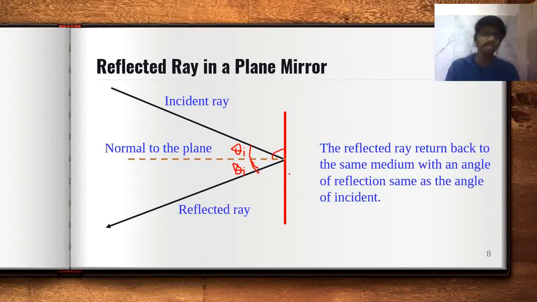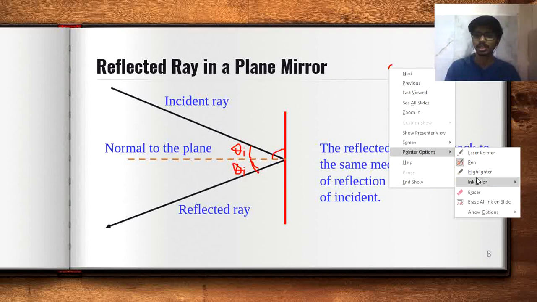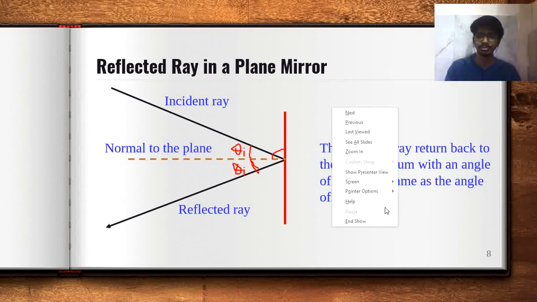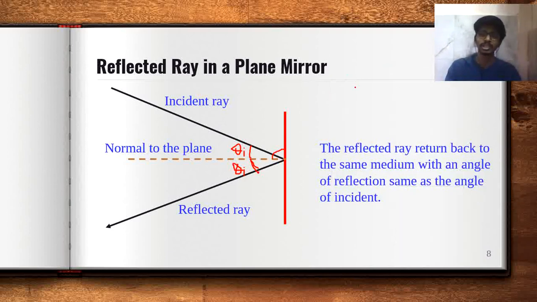Now the same thing you can do for the spherical mirror. This is a spherical mirror. If incident light strikes here, then the normal here will be this one. If the incident light strikes here, then the normal to the surface will be different, and it will not be parallel.